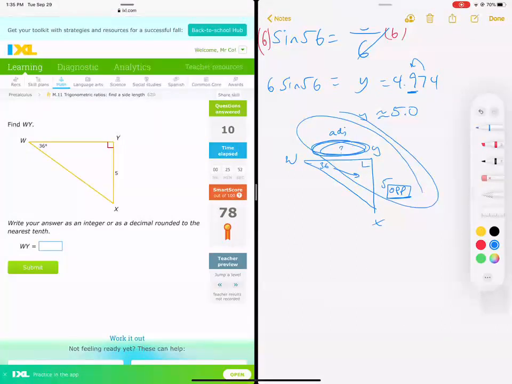Isabella, this was your question? Like, I pick one I know and one I don't know. So since I'm picking adjacent because that's the side I want to solve for: opposite, adjacent, that's tangent. Tangent of 36 is equal to opposite over adjacent. And we'll call that x if you want.